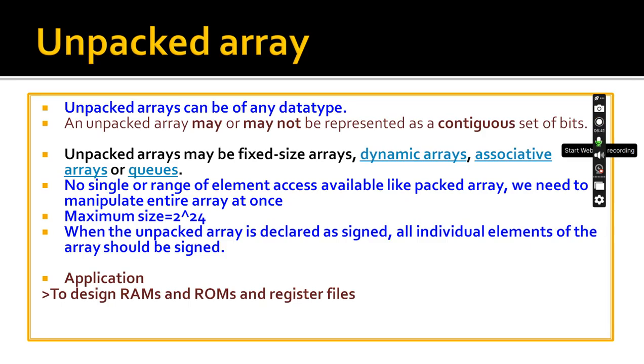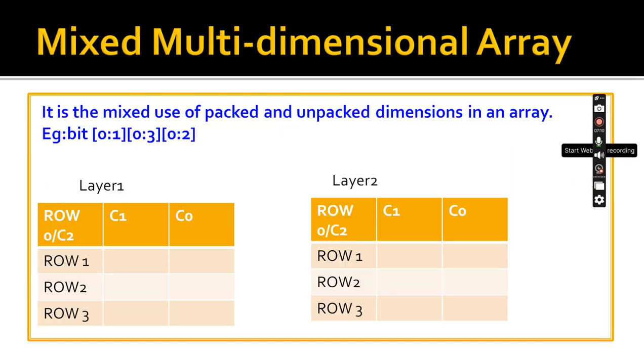Packed arrays are stored as contiguous bits, but unpacked arrays may or may not be stored as contiguous bits. And a packed array is used for bit level operations, and an unpacked array is used for memory modeling. This is very important from an interview point of view.